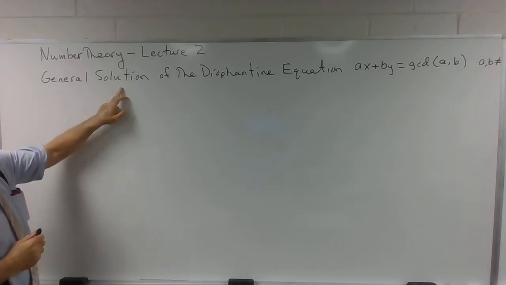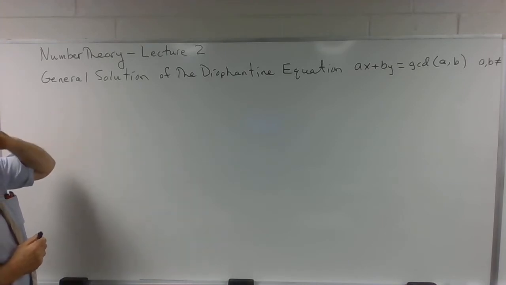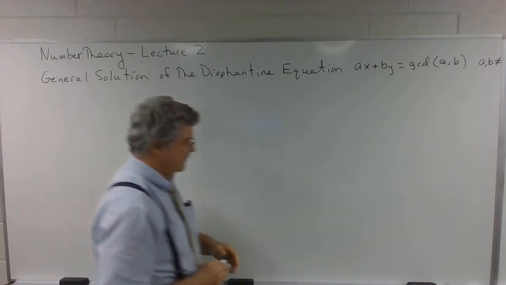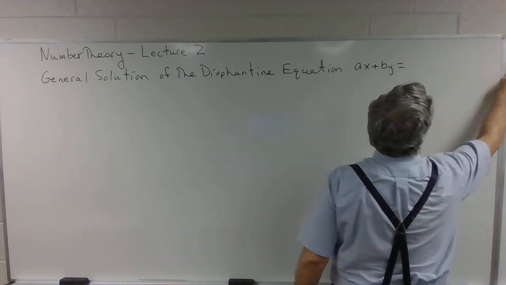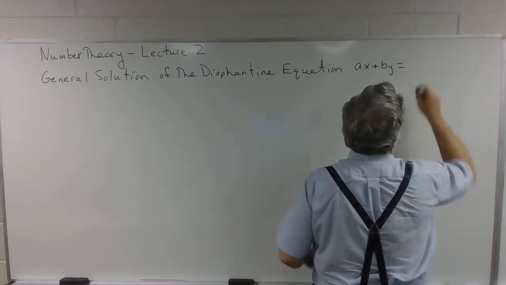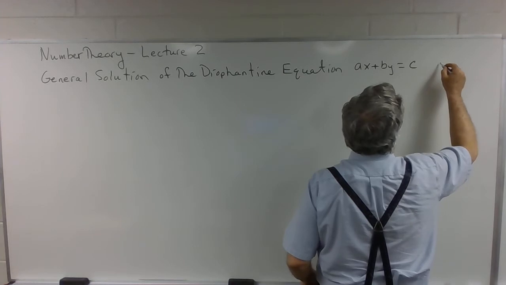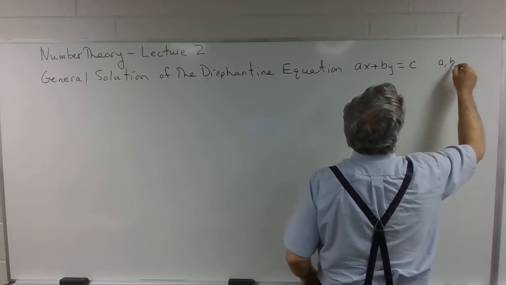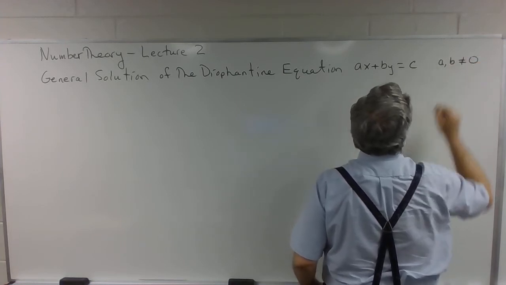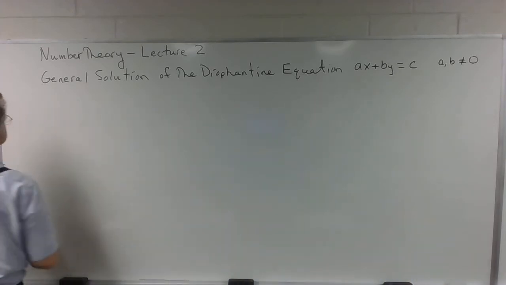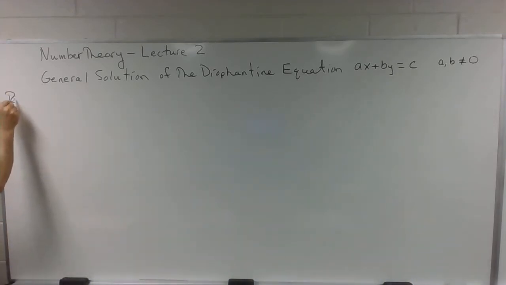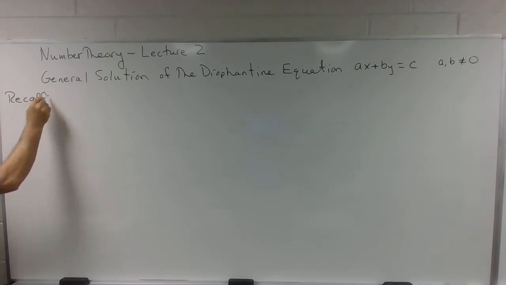General solution of the Diophantine equation ax plus by equals c, where neither a nor b is 0. Now here's what we've done already.